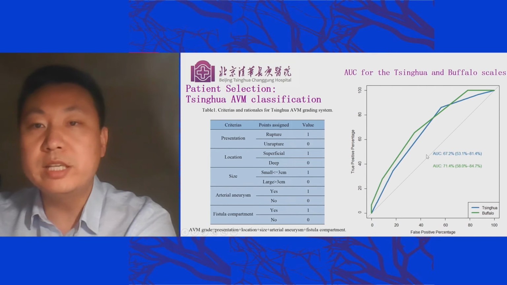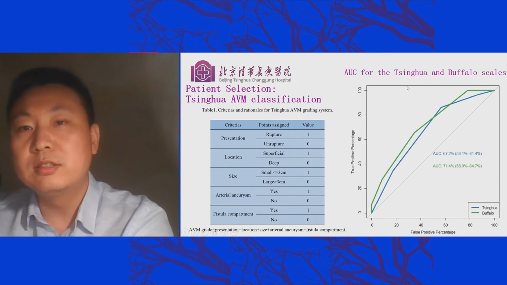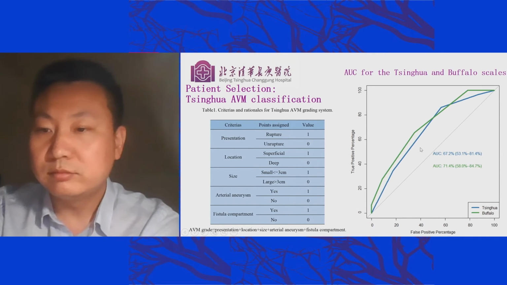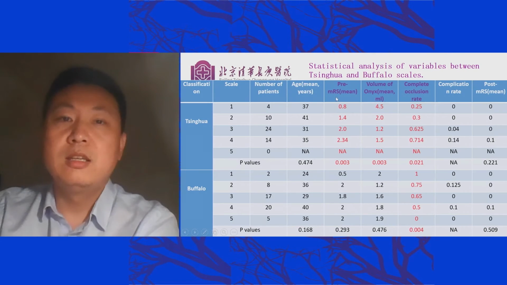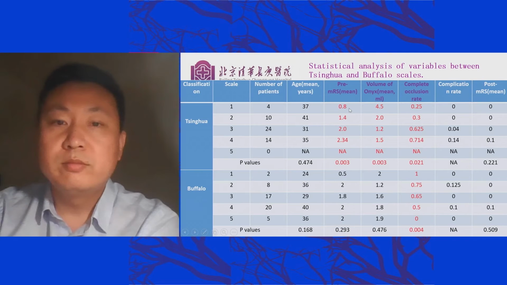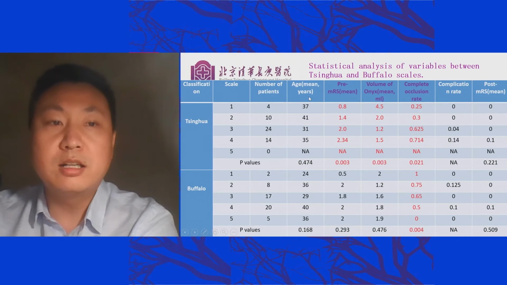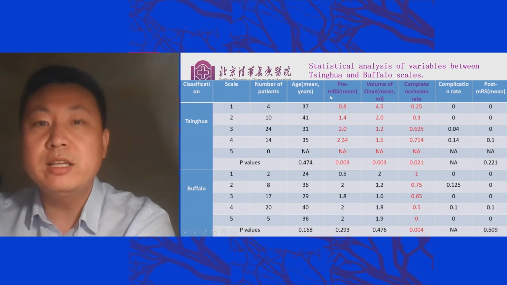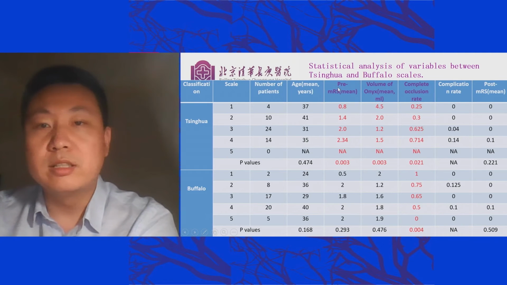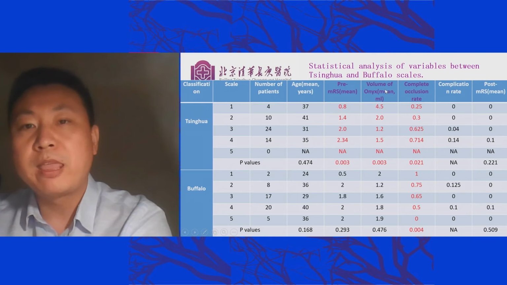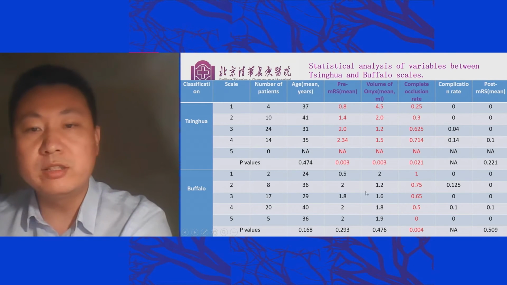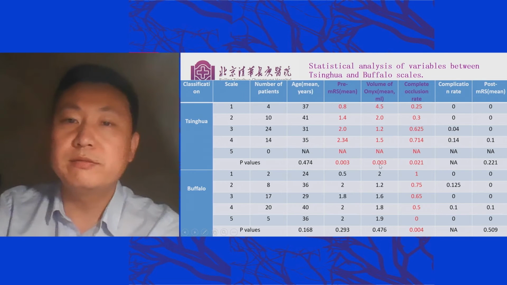This is the ROC curve for comparison of the Tsinghua and Buffalo systems. Interestingly, the Tsinghua AVM scale also correlates with pre-mRS, the patient's status at presentation, and Onyx volume. But Buffalo did not correlate with these factors.